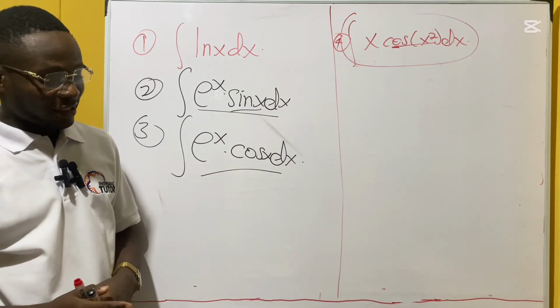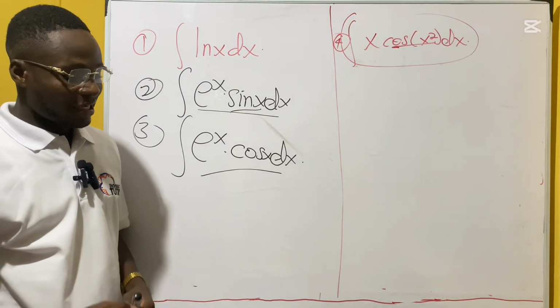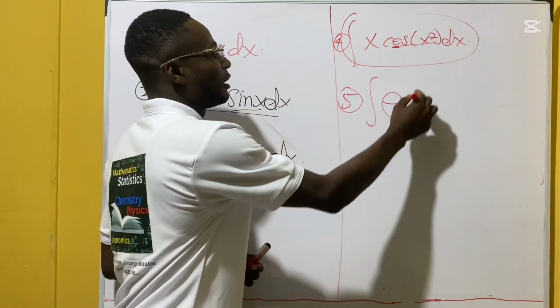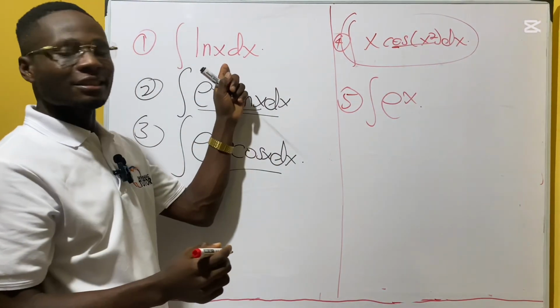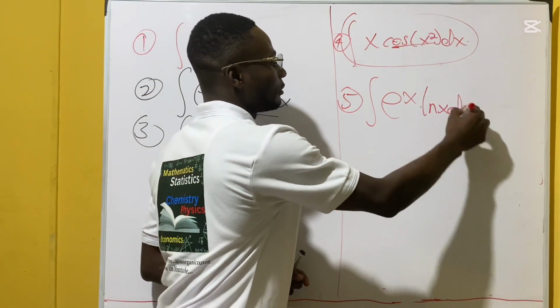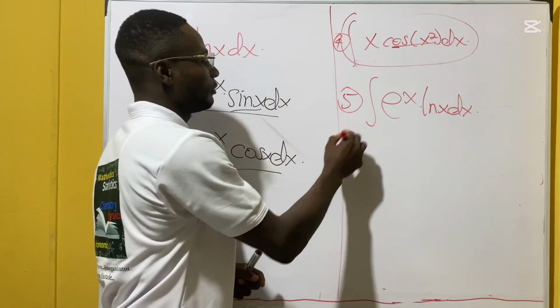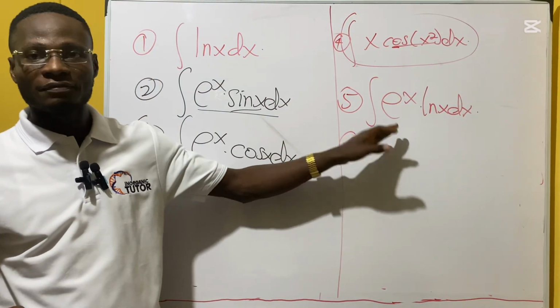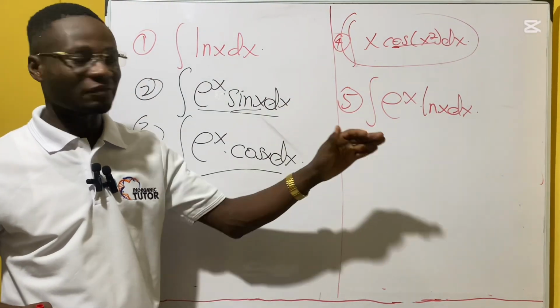Now let's look at the fifth function that you cannot apply the tabular approach to. The fifth function is any function or an exponential function that comes with the ln, or a logarithmic function. So right here, which one are you choosing for u and which one are you choosing for v?